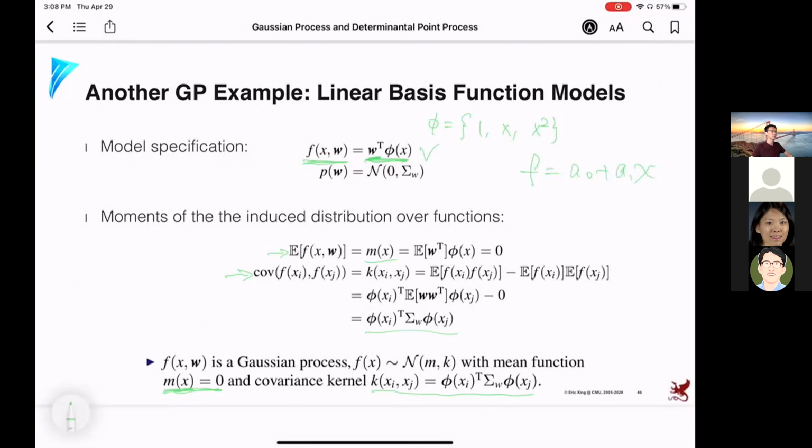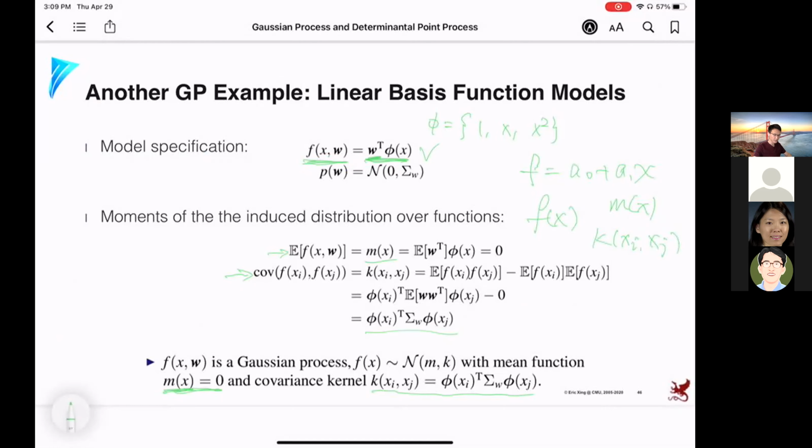Another way is more like an implicit way of specifying a Gaussian distribution. So that's like, I don't make any assumption of any parameters at all. I just say I have f(x). I don't know what the parameters are there. I just specify one mean function, and then I just specify one kernel function. That's it.